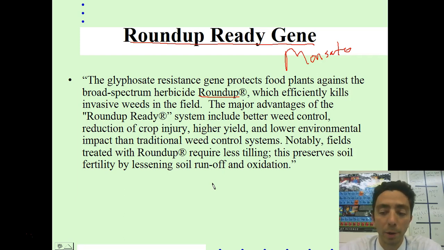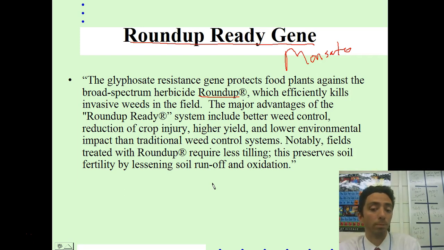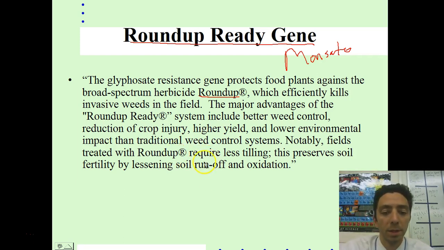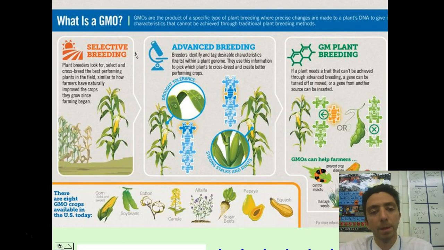You can just spray Roundup like nobody's business, and it'll eliminate everything but the corn. This one is advertised to require less tilling. It preserves soil fertility because you don't till the soil and break it up, so it doesn't erode away as much. That's kind of the benefits of Roundup Ready.